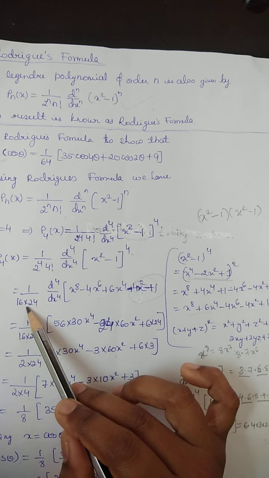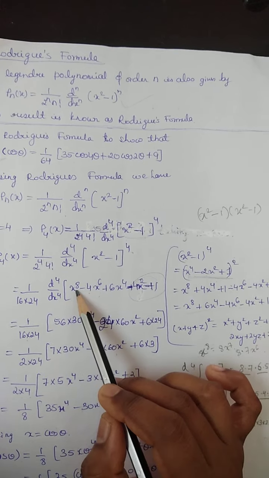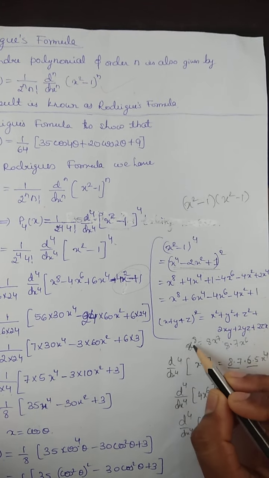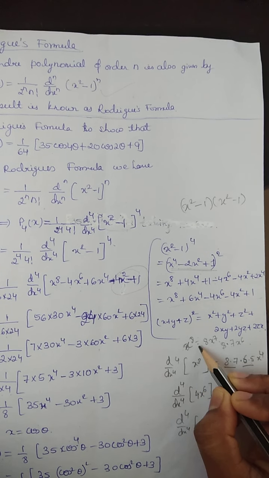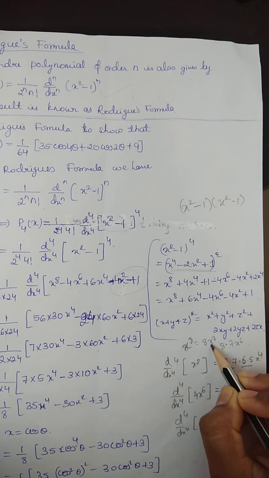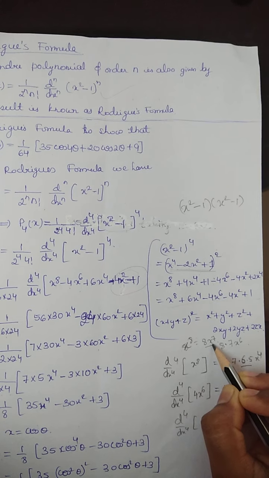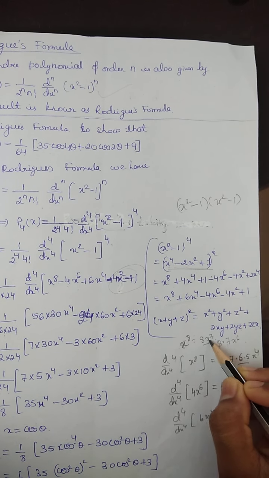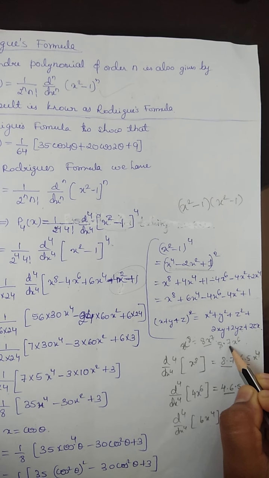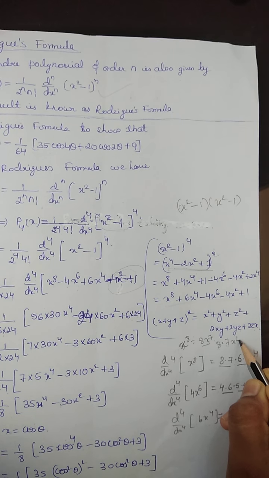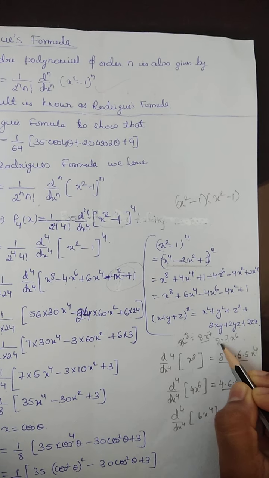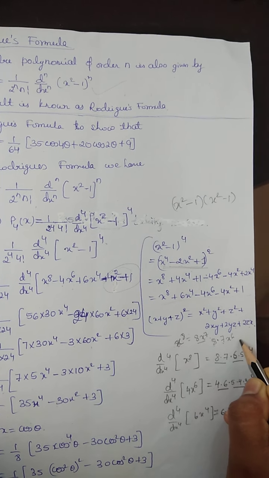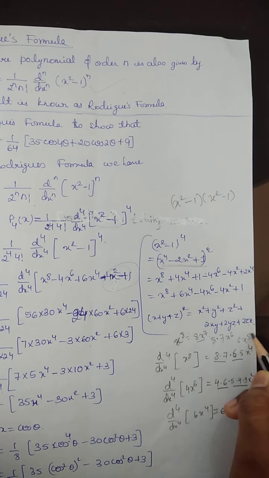So this 16 into 24 stays as it is. X raised to 8, when you differentiate 4 times, see, differentiation of x raised to 8 is 8 into x raised to 7. This is one time differentiation. Second time, 8 keep as it is, x raised to 7 differentiation is 7 x raised to 6. Now 8 and 7 keep as it is, x raised to 6 differentiation is 6 x raised to 5.